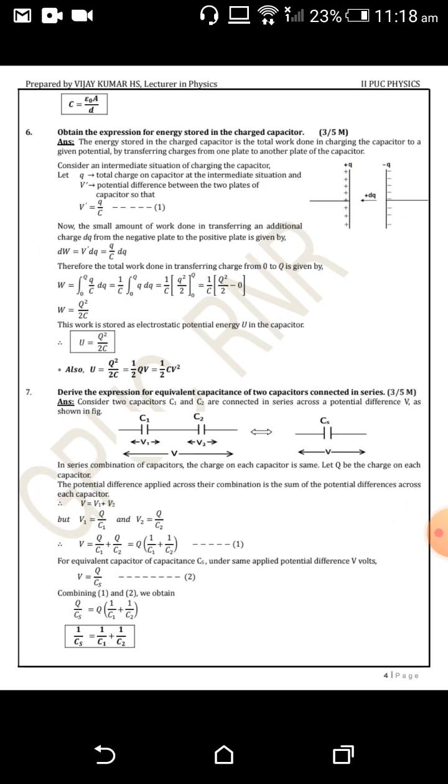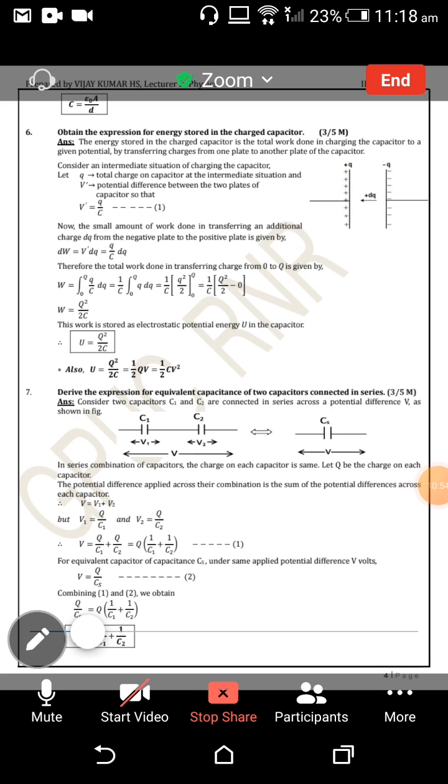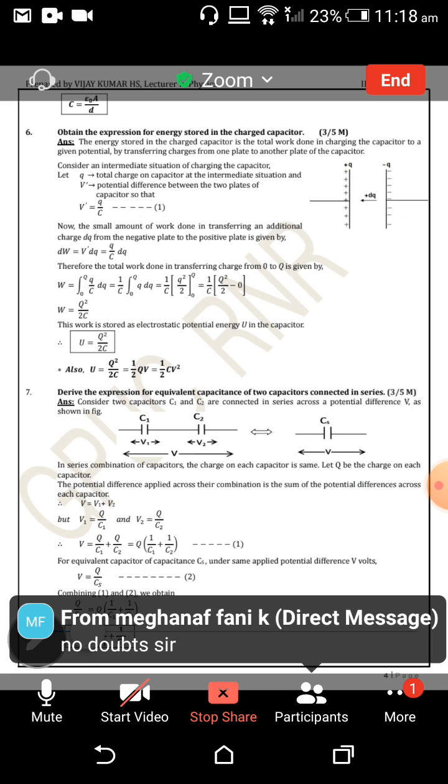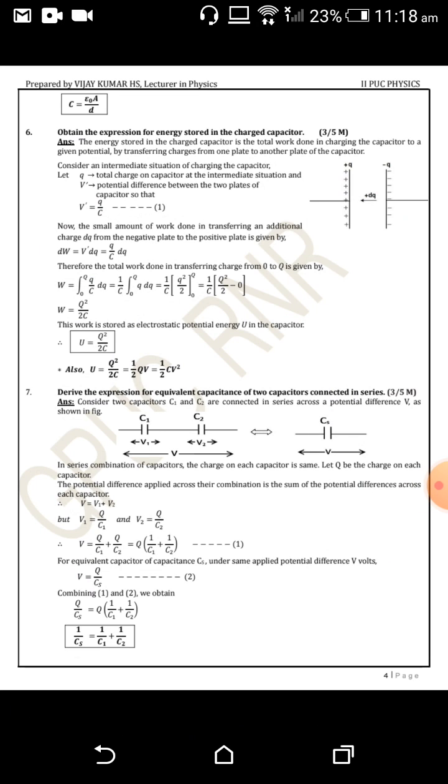Any doubts regarding that sixth question? Okay, fine. So the seventh question, we have already gone through in the 3 marks section itself.